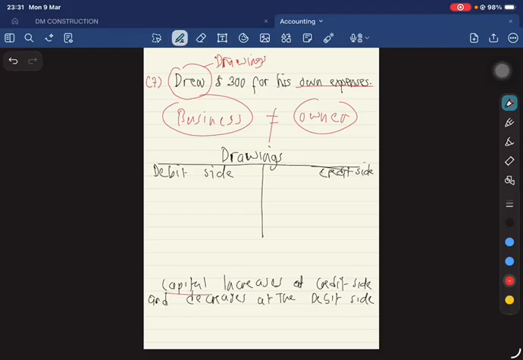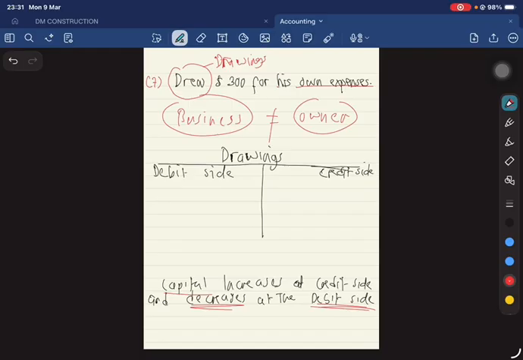Capital would decrease. And how do we treat capital when it decreases? We debit it. Because he withdrew money from the capital he had invested into the business, the capital will decrease, and we debit capital when it decreases.